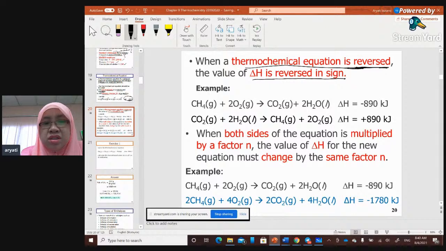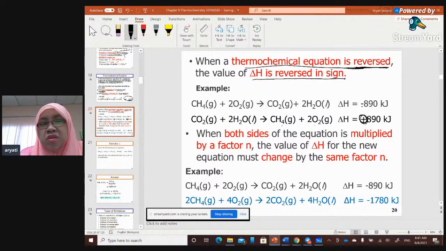So example, this is the reaction of methane, negative 890 kilojoule. If the carbon dioxide and water combine and reproduce methane and oxygen, so dia punya equation is same, cuma reverse saja. So the value of kat sini daripada energy release to the surrounding, energy will be absorbed from the surrounding.